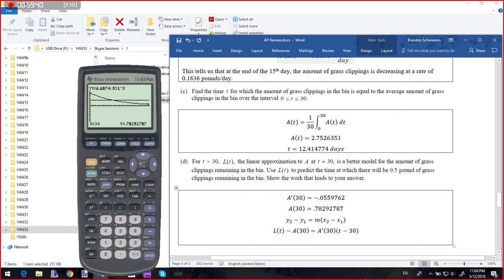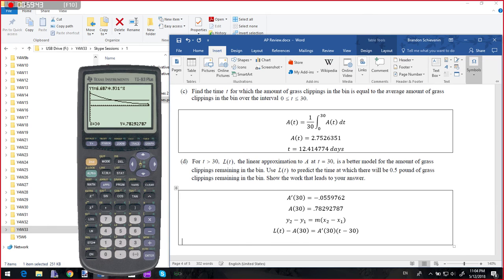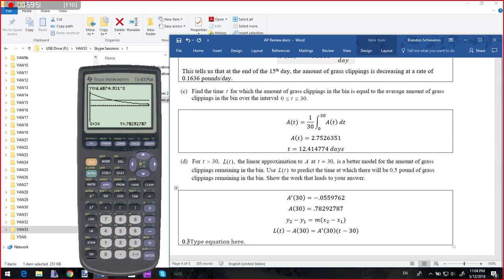So I'm going to substitute for L(t). 0.5 minus our A of 30 should be equal to A prime at 30 times t minus 30.